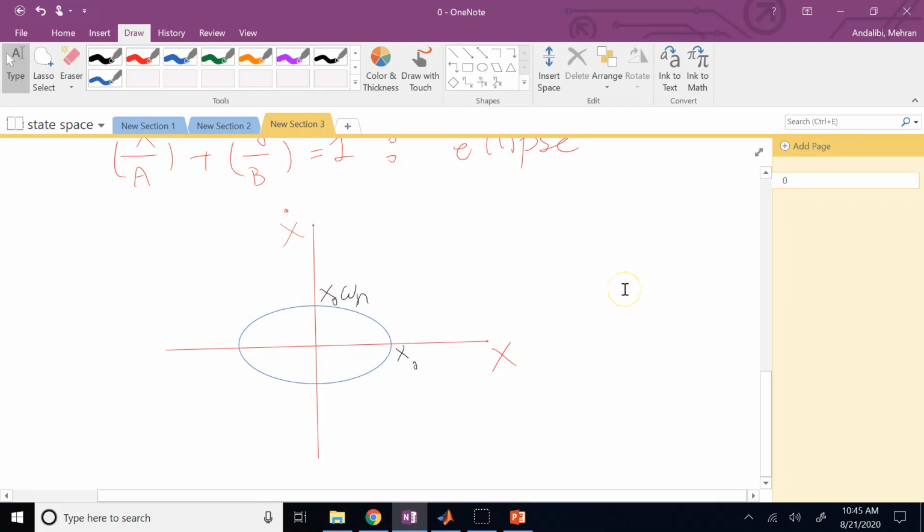Now, as I said, the area inside this is a representation of the energy of the system. And since this area does not change, it means that the total energy of the system is going to be conserved. It is going to be constant. Is that the case? Yes.